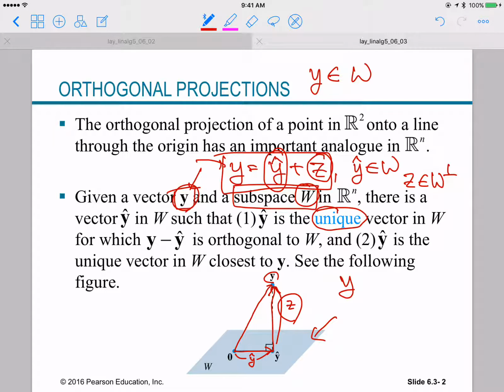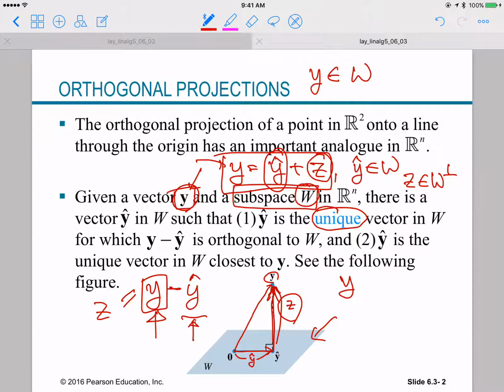We often call it a residual vector, because we subtracted this y hat, the component in our subspace W, from our original vector. So from our original vector, we subtracted its orthogonal projection component, and what remains is our z, a residual vector, the remaining vector after subtracting the projection part.